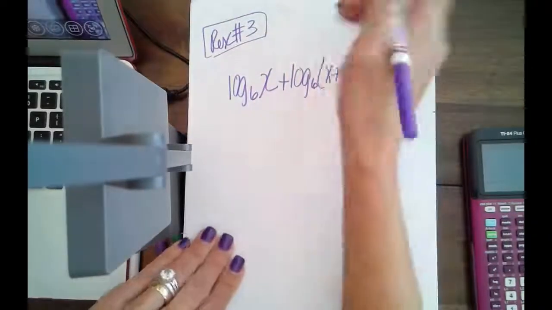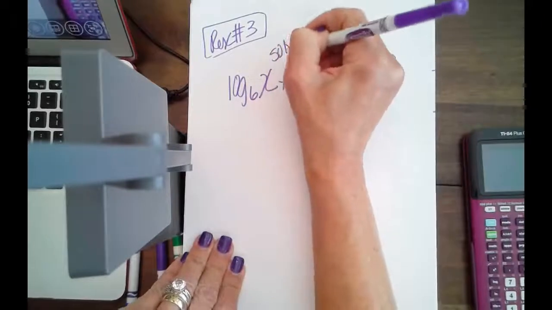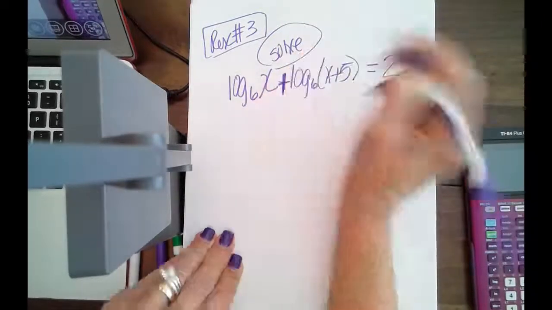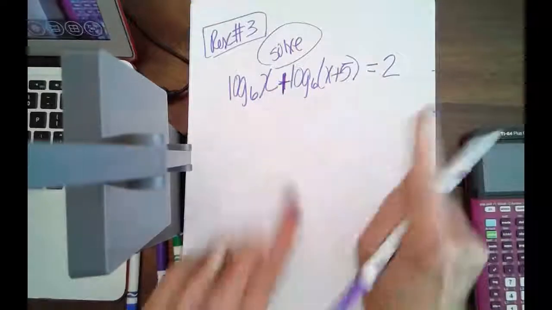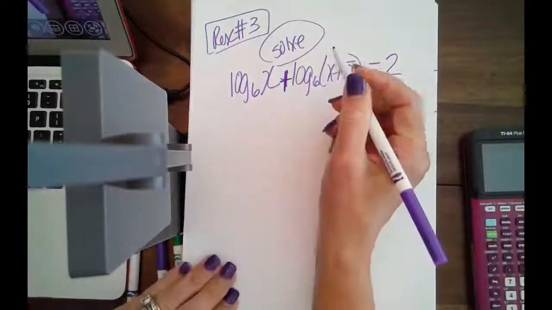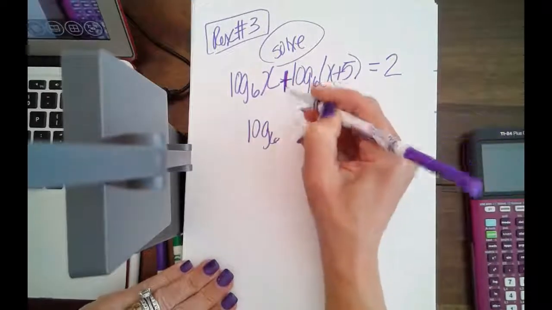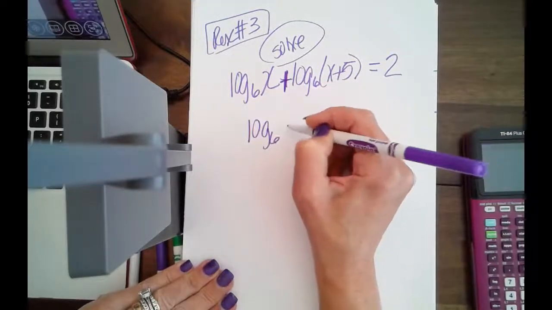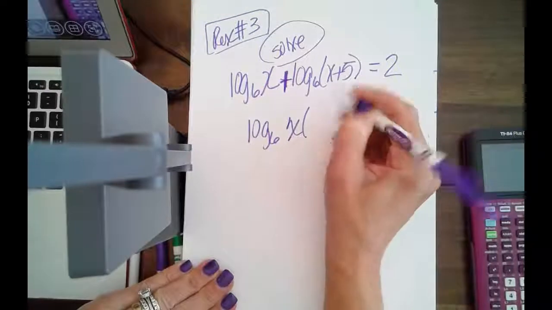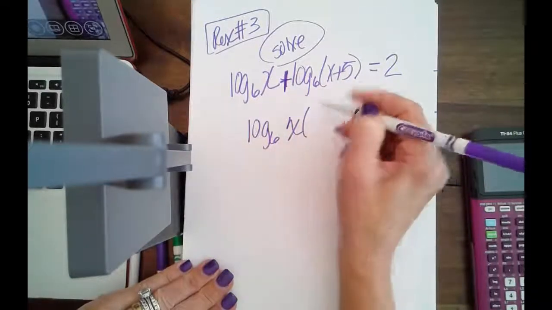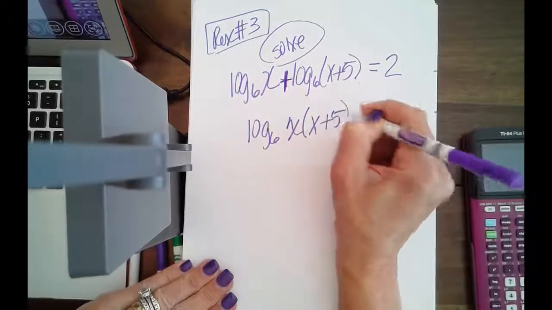We're going to solve for x. You can see that addition is going to lead to multiplication, and multiplication of these two is going to lead to a quadratic, so we may have to factor again. We can write this in terms of a single log: log base 6 of x times x plus 5, because addition leads to multiplication, and that's just equal to 2.